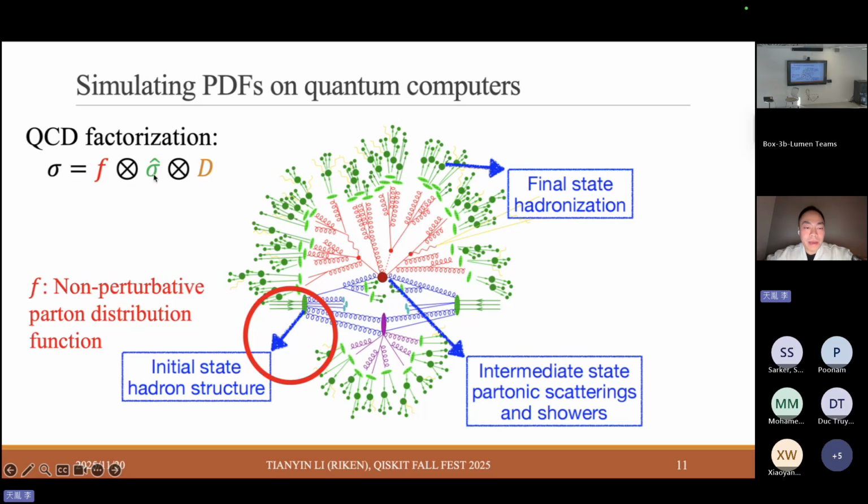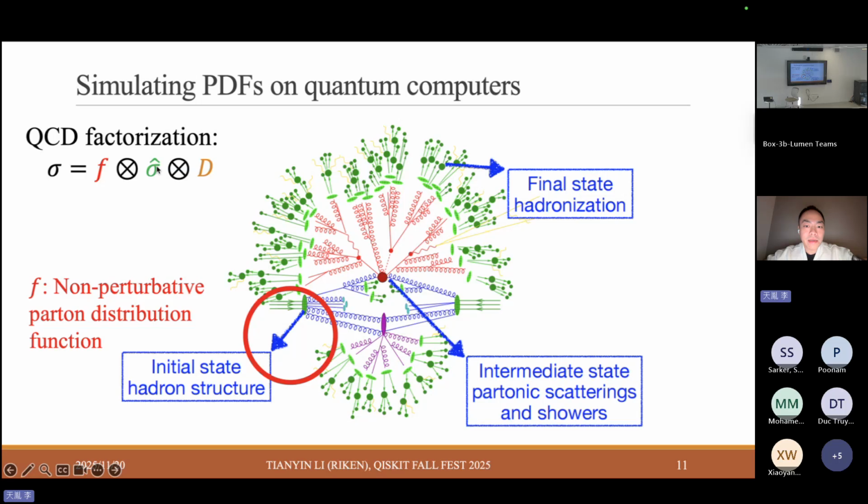They are F, sigma hat, and D. Here F is the non-perturbative parton distribution functions, which describe the internal structure of the initial state hadron.